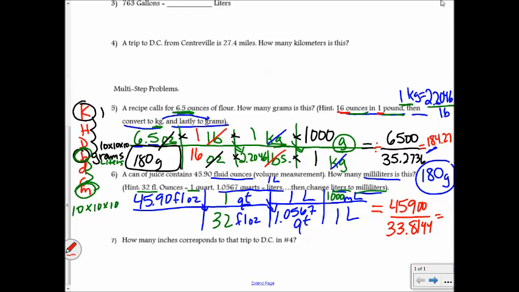Now, once again, if you get good at punching in your calculator, you'll be able to go through that fast. And we end up with 1357409 something. Now, how many significant digits do we start with over here?